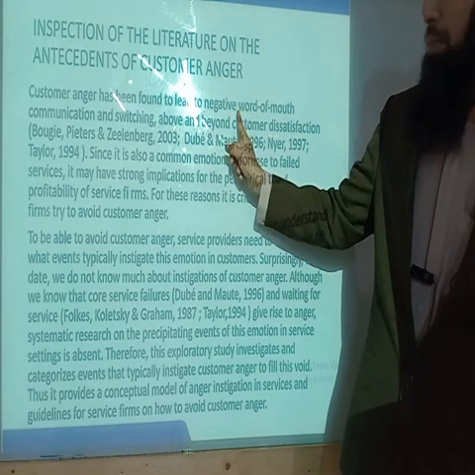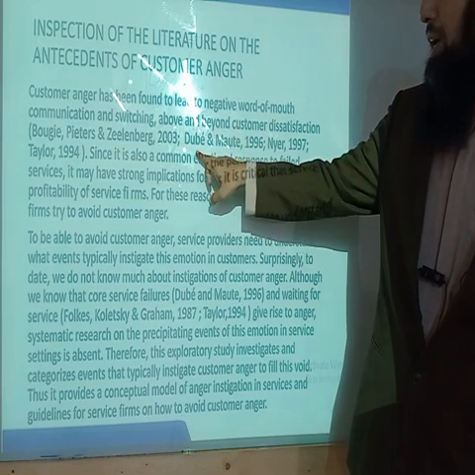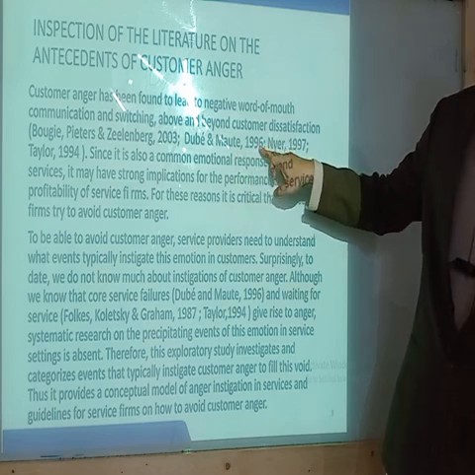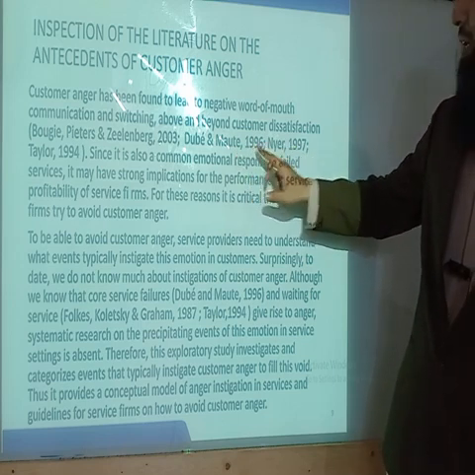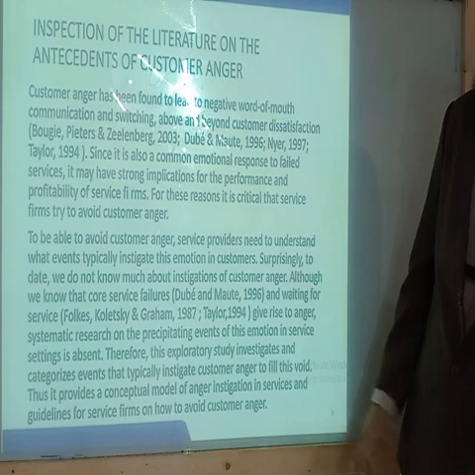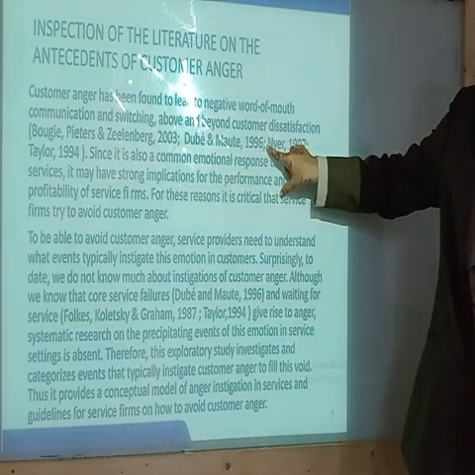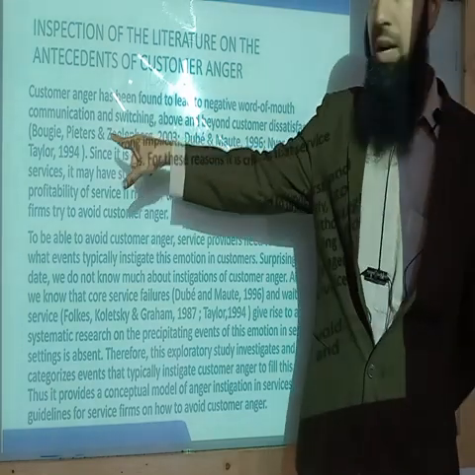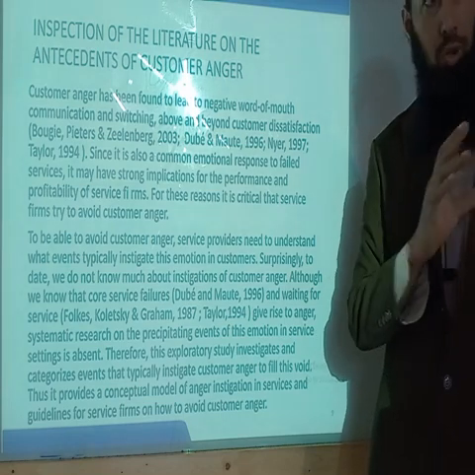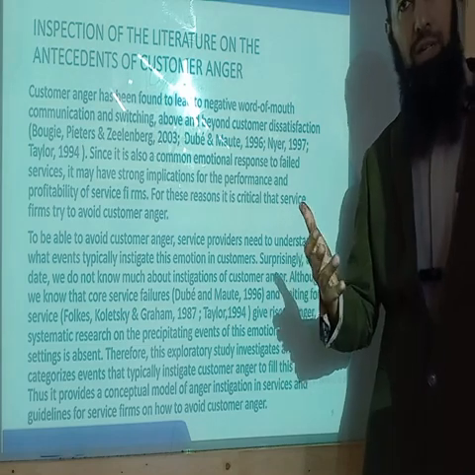The same point has been mentioned by Dube and Morgan 1996, and in 1997 also, and Taylor 1994 also mentioned it. So you see, a semicolon differentiates the multiple researches. That's how you cite the articles while making a point.